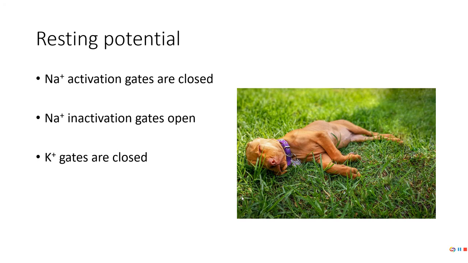These gates are going to open and close throughout the phases of an action potential, allowing certain ions, sodium and potassium, to go in or out. Based on this situation, we're at -70, so in order for anything to happen, we have to reach threshold.